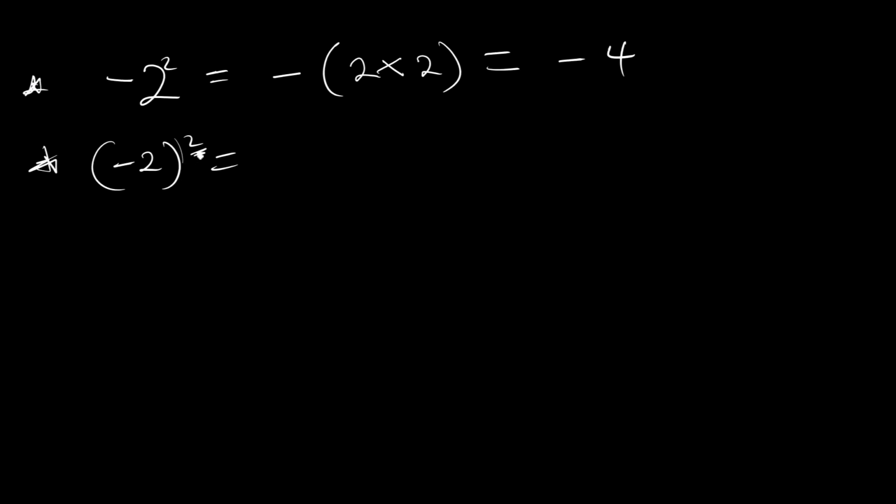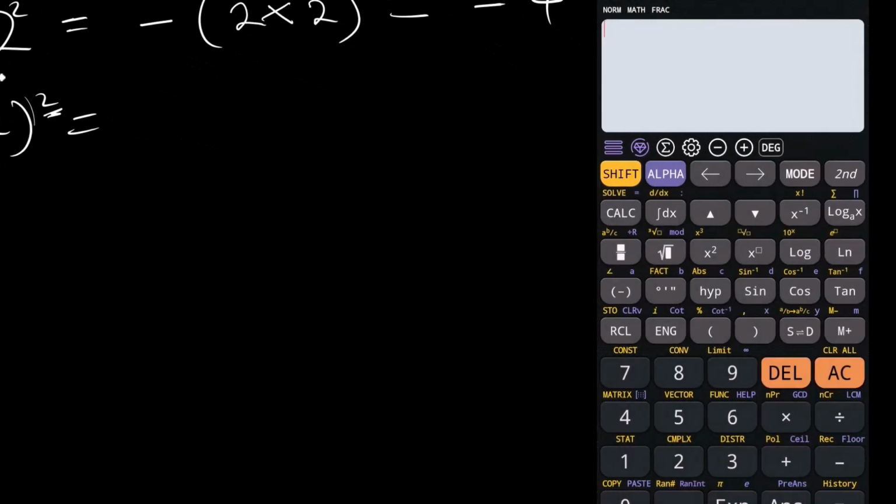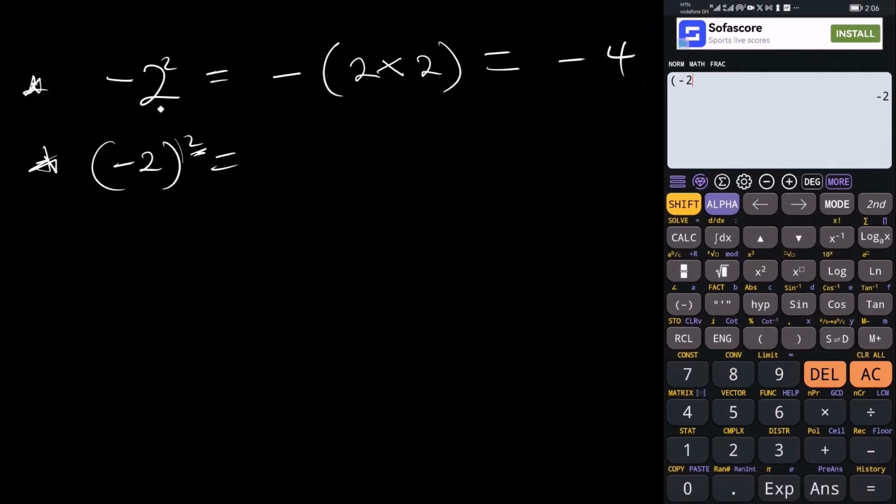square everything. Now, be very careful with the calculator. On the calculator, if you are asked to square a number based on the question given, make sure you do it well, because if you fail to bring that bracket, it will give you the first one. So know where to put the bracket there.